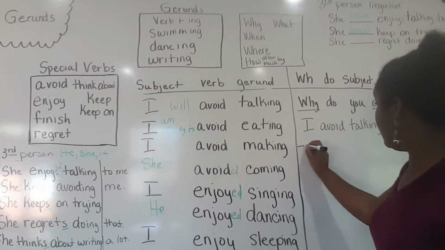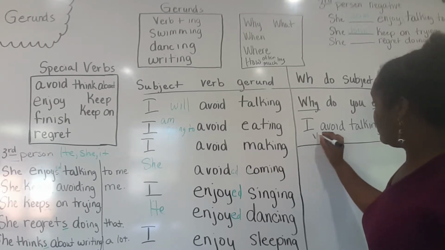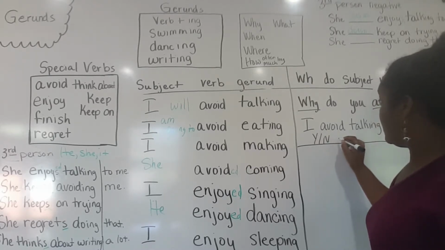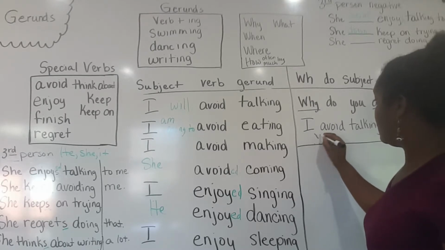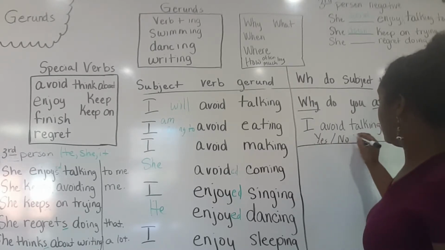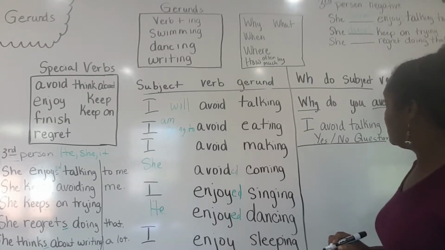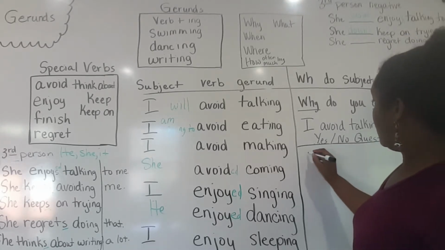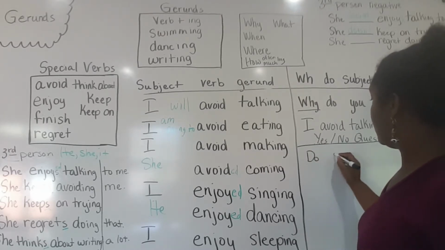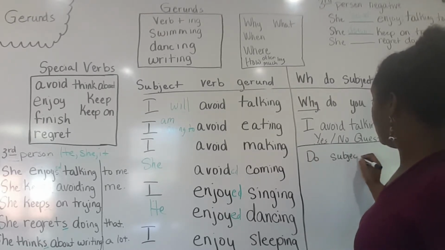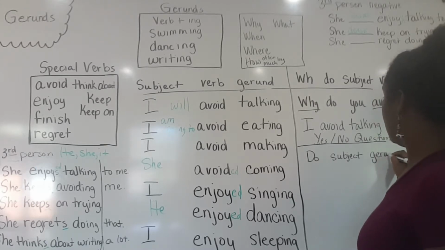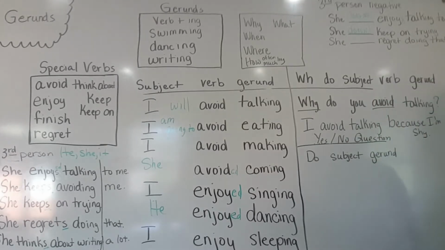Now, if you have yes-no questions, your formula is auxiliary verb do, subject, verb, your special verb, then your gerund.